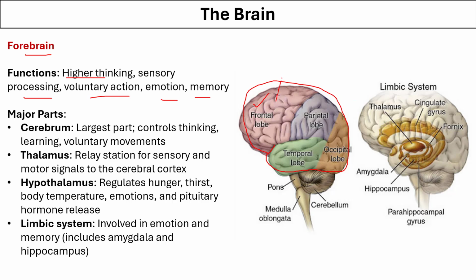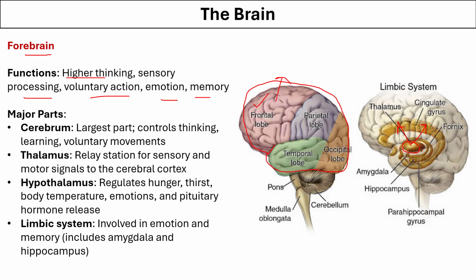If you separate the two hemispheres of the brain, the part hidden inside will be visible. In the center we have the thalamus, which is associated with relaying information to different parts of the brain.